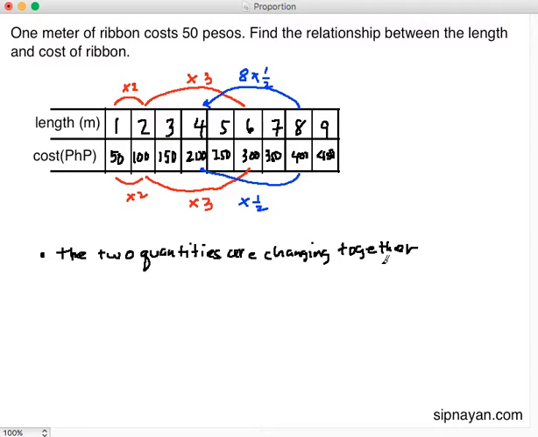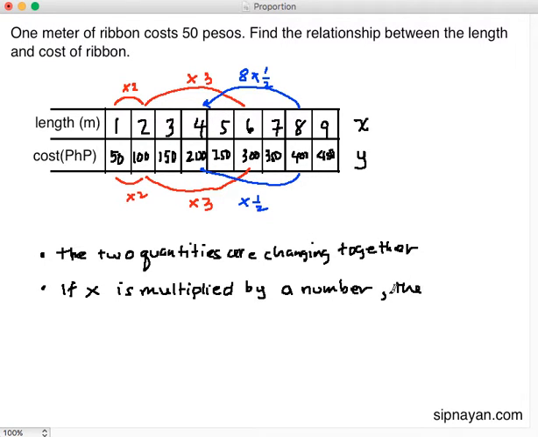Pangalawa, ang isa pa nangyayari is that when x, if we let this x, para hindi na tayo masyadong mahaba, and we let this y, if x is multiplied by a number, so dito yung mga numbers natin, we have multiplied by 2, multiplied by 3, and multiplied by 1 half, then y is also multiplied by that number.